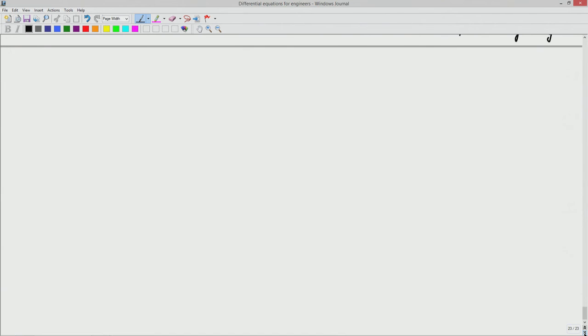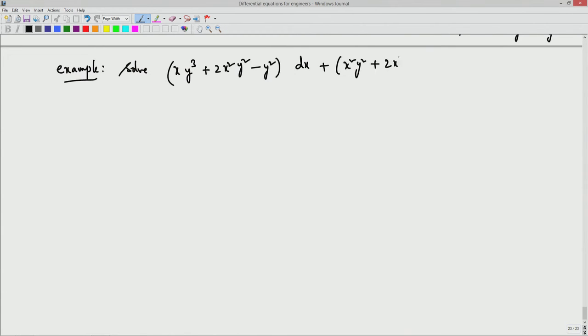So we will see one example. Solve (xy cube plus 2x square y square minus y square) dx plus (x square y square plus 2x cube y minus 2x square) dy equal to 0.